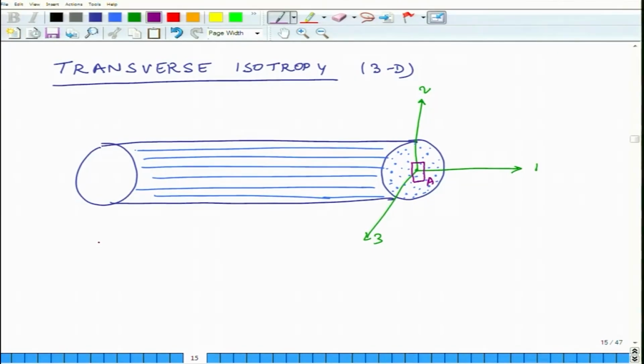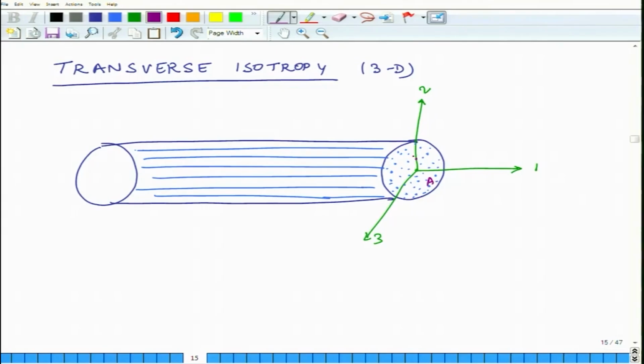So, in sample A, this is my 2 axis. It has a thickness. Actually, sorry, I will just erase this.